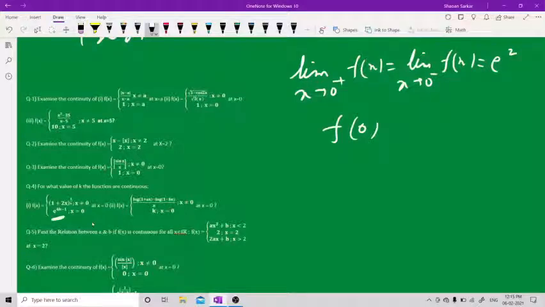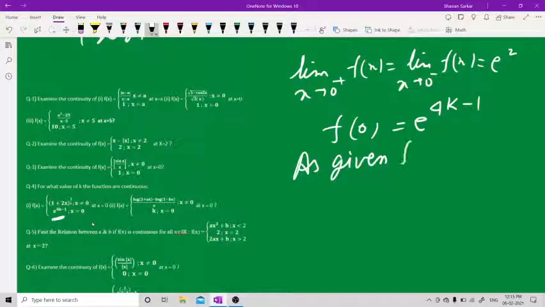At f of 0 what is given? e to the power of 4k minus 1, right?